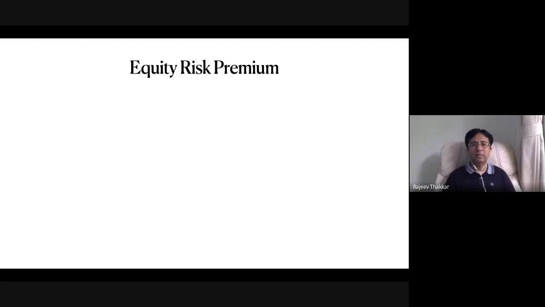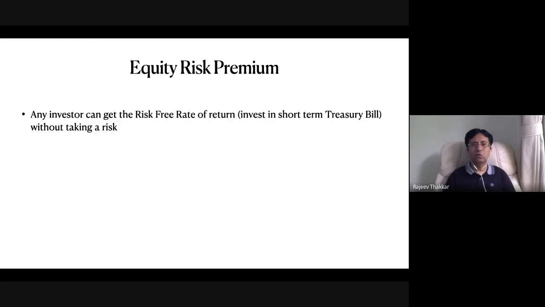So equity risk premium essentially is what you get over and above the risk free rate of return. So if the market return is, let's say, 10% and 4% is the risk-free rate, then 6% can be looked at as equity risk premium. So we have discussed this earlier. Any investor can get risk-free rate of return.